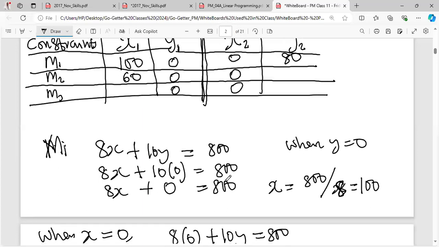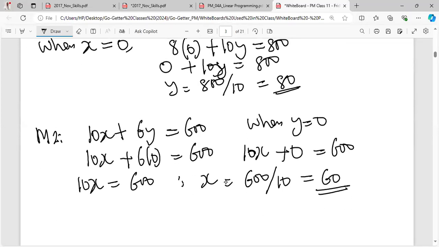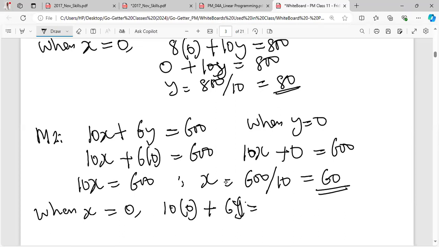We will now go to do when x is 0. When x is equal to 0, so we know 10 multiplied by 0 plus 6 times y will give you 600. 10 times 0 will give you 0 plus 6y will give you 600.